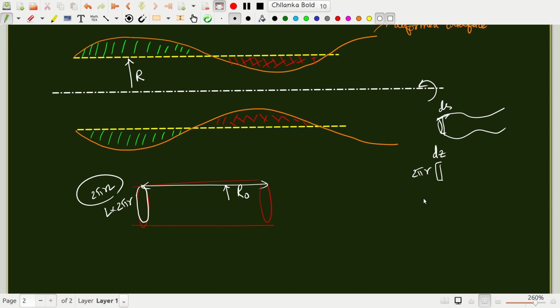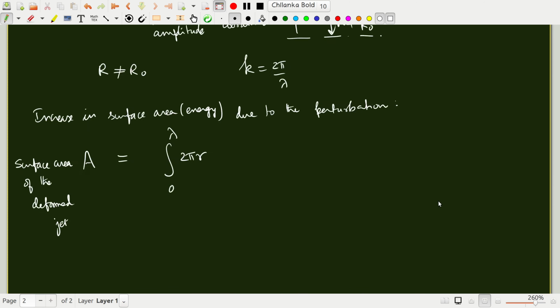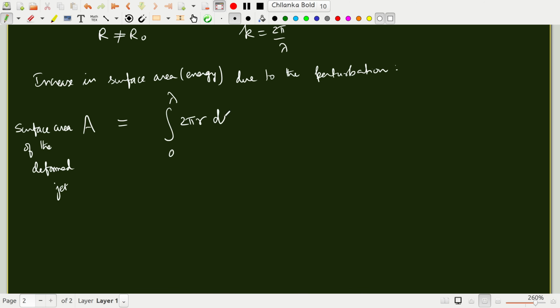Okay, this is the length coordinate. Here it's a straight surface, so you can just walk and then multiply. Because now the cylinder is deforming, this s is the length along the arc of the deformed cylinder.